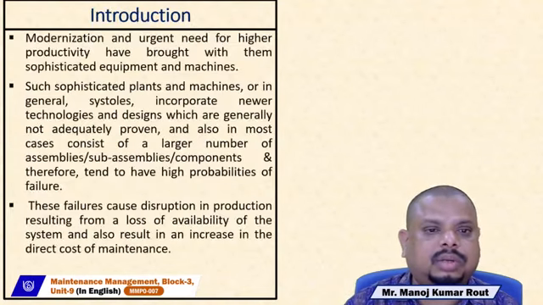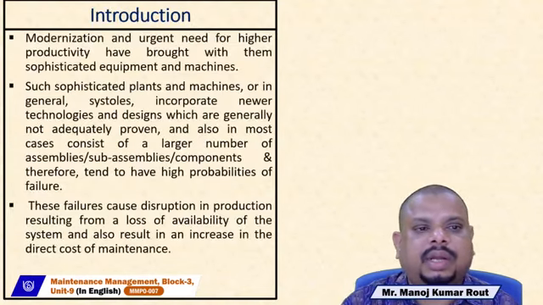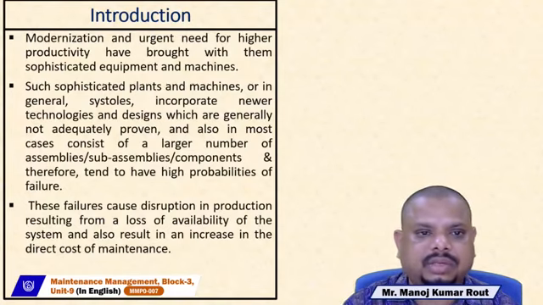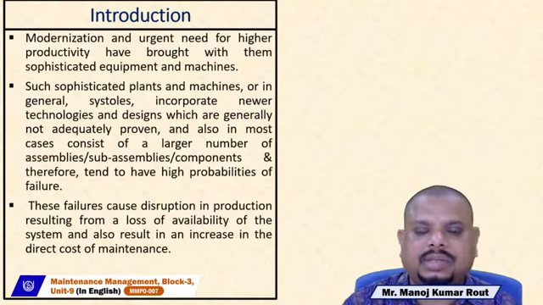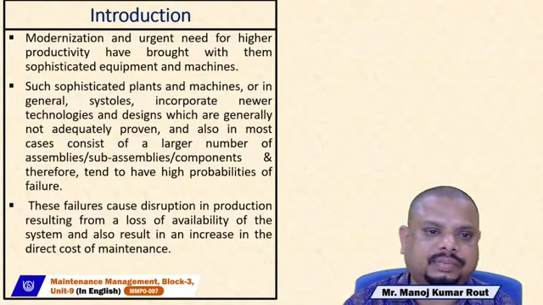Moving to the next one, we have the introduction as far as the modernization of industries is concerned, starting from Industry 1.0 to Industry 4.0. In most cases, the production department requires highly sophisticated equipment and machines. If you observe point number one, modernization and the urgent need for higher productivity are met with sophisticated equipment and machines.